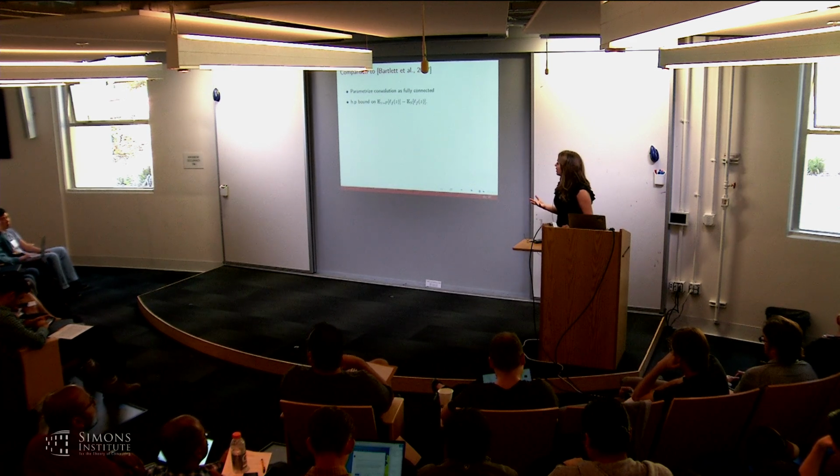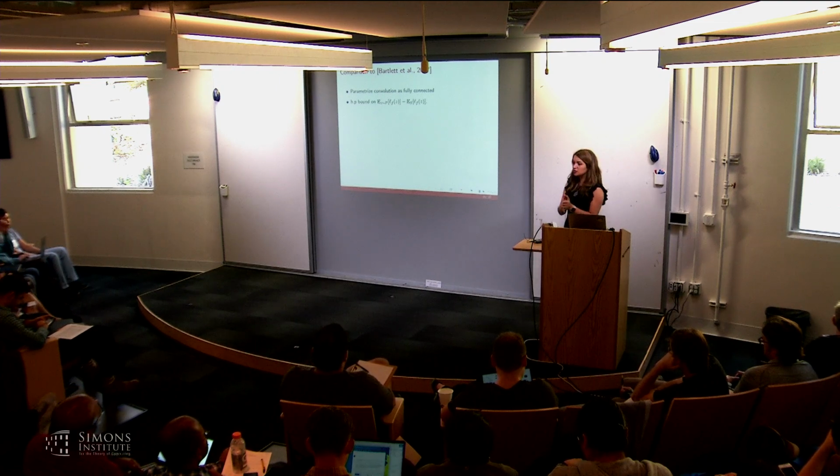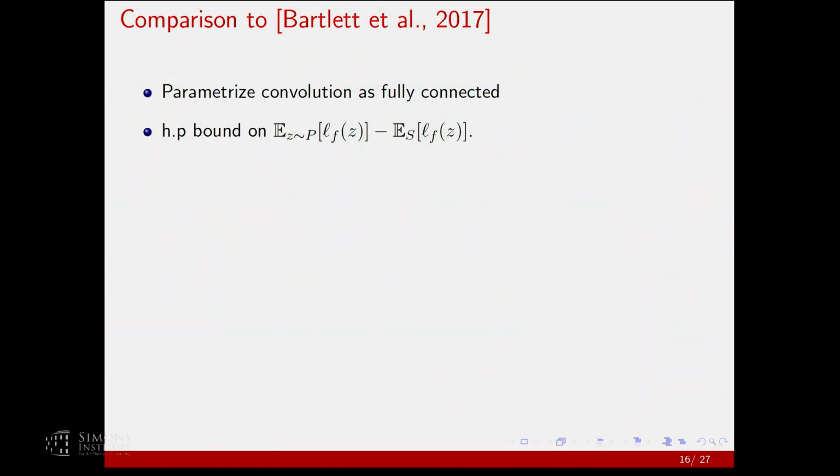One question that might arise is that we are analyzing similar things to Bartlett et al. 2017, so how do they compare? In order to do this comparison, we consider convolution as a fully connected network, and we look at high probability bounds in terms of the generalization gap, the difference between expected and empirical risk. All the details are in the paper.